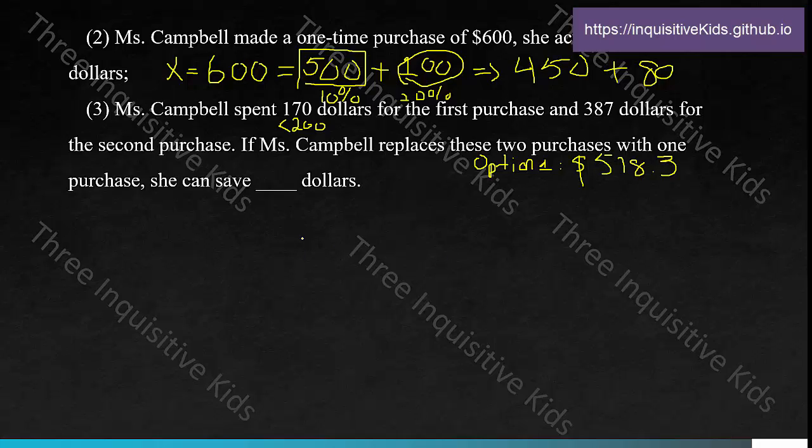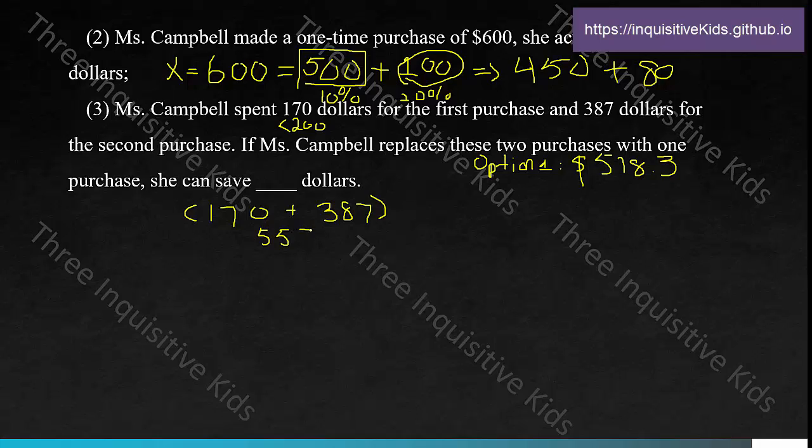Well, we first add these, so that's going to be 170 plus 387, that's going to give us 557.